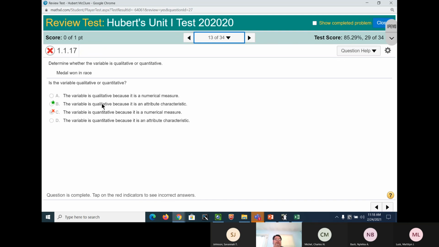Qualitative means, oh, I read the question wrong. I thought it said medals won in a race, like how many medals did you win in a race? Medal won in a race is qualitative because it means first, second, or third place.